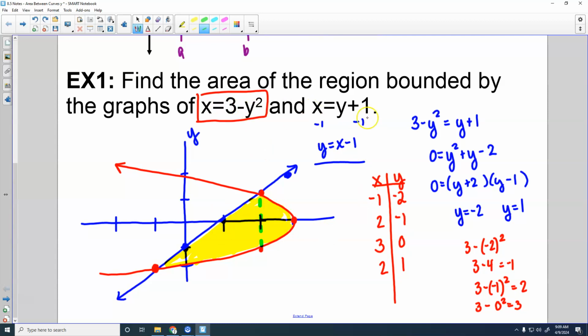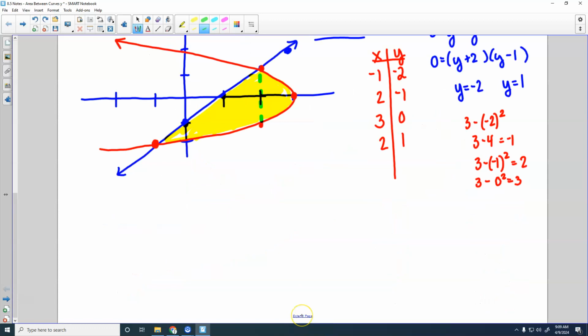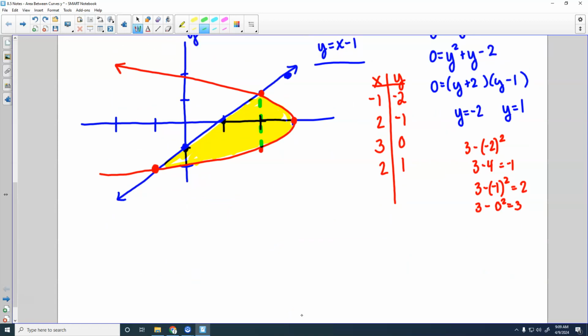If we do this in terms of y, we are not finding the area below the curve. We're finding the area to the left of the curve, the distance between the curve and the y-axis, not the curve and the x-axis, okay? So if we do this problem in terms of y, we don't want to think about the top and bottom function.